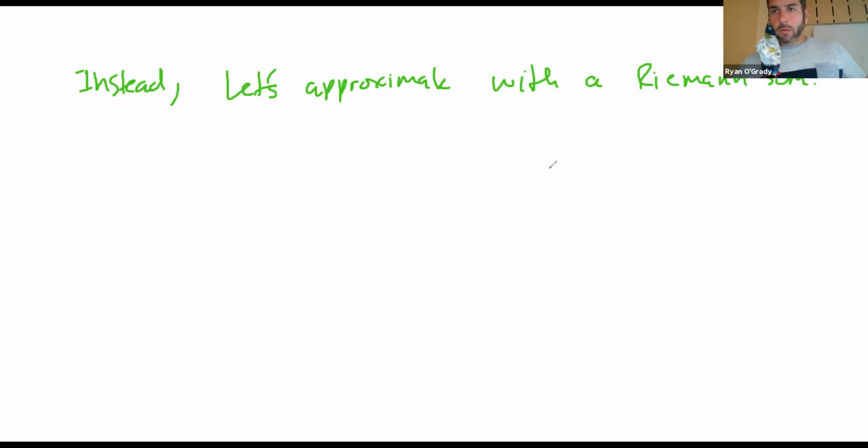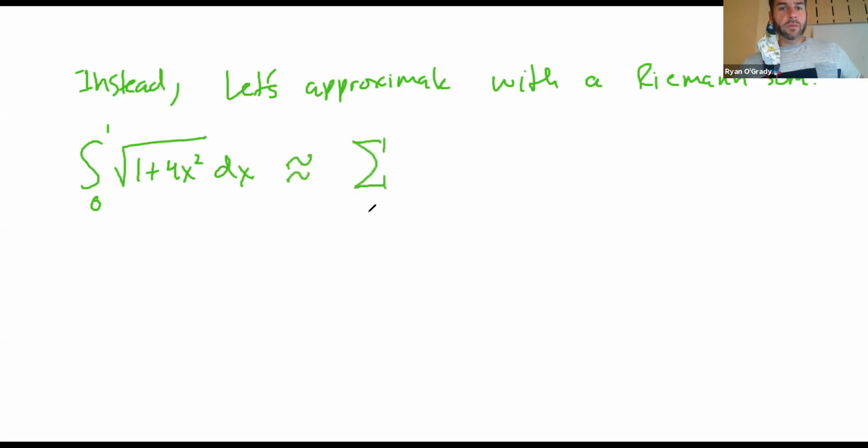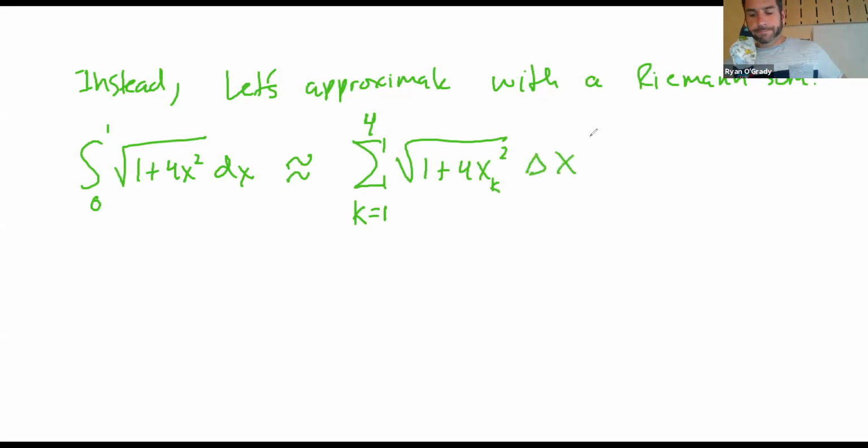I'm going to say that this integral, the integral from 0 to 1 of the square root of 1 plus 4x squared dx, is approximately the sum. I said use 4 subintervals, so k equals 1 to 4. Take 4 terms of the square root of 1 plus 4 times x sub k, quantity squared, and then this is our delta x.